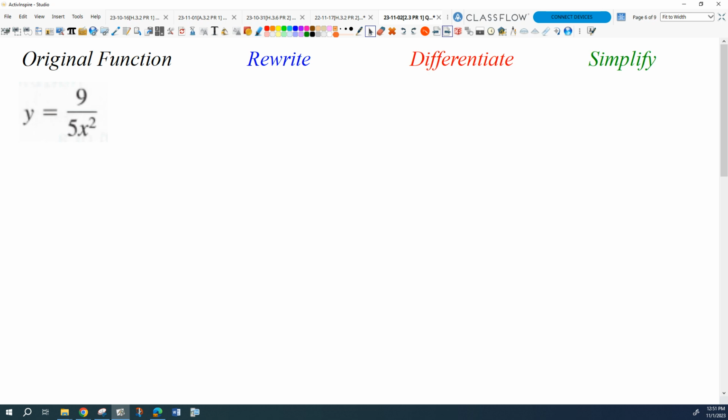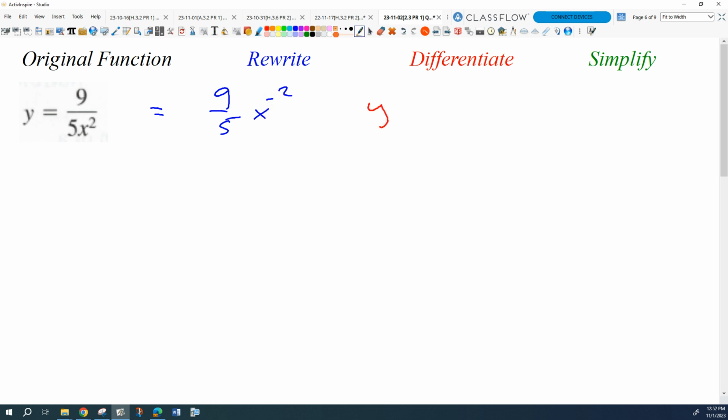How about this one? We've already kind of done one like this. What would this one be? How could I rewrite this again to avoid the quotient rule? Okay, 9/5. X to what power? Not 1/2. -2. There you go. Okay, good.